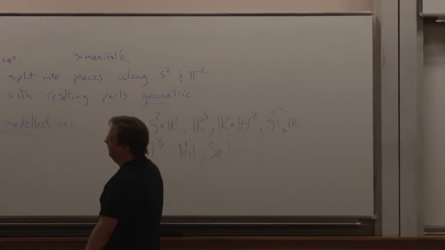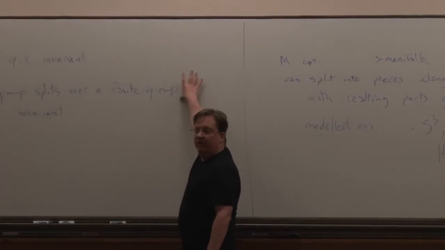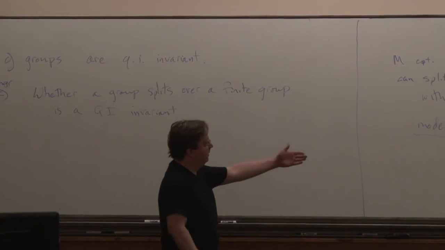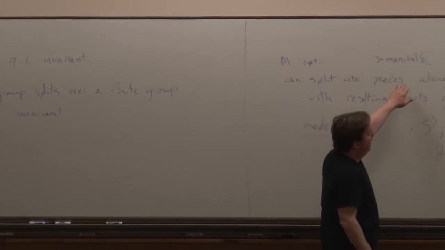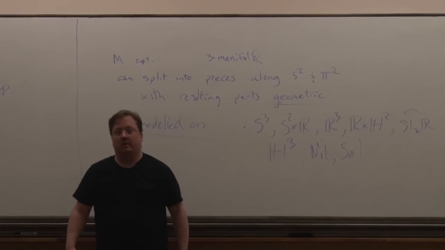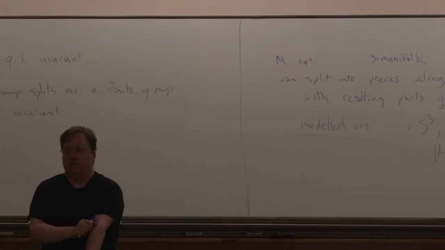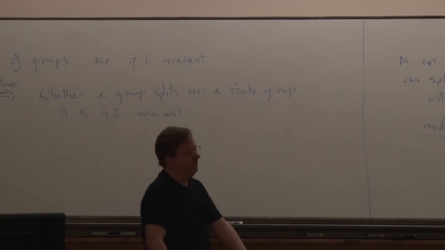And this is maybe the first hint that some of this splitting part is going to be okay. The splitting, at least on two spheres, right, is just free products. Okay? And that is at least up to allowing finite groups instead of the trivial group QI invariant.